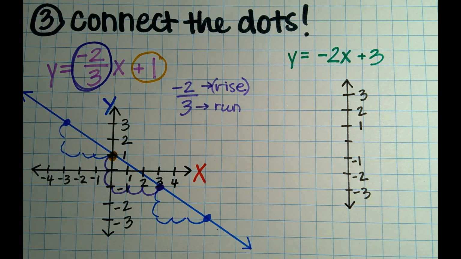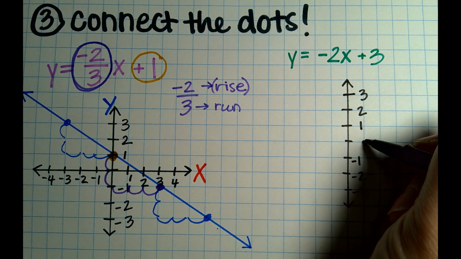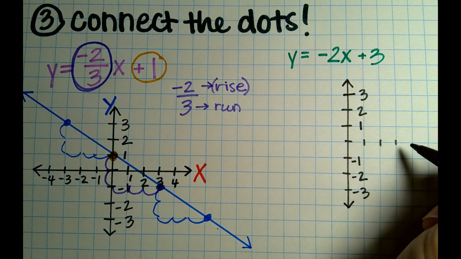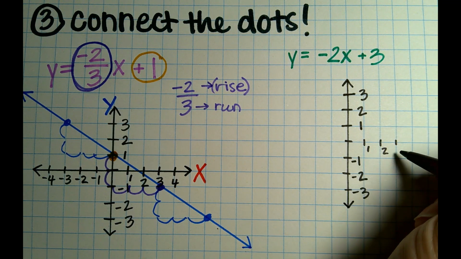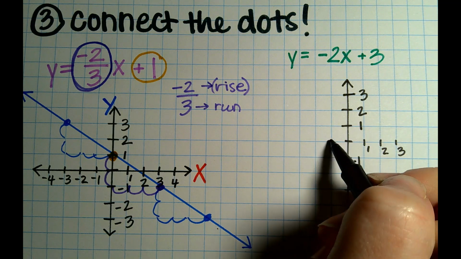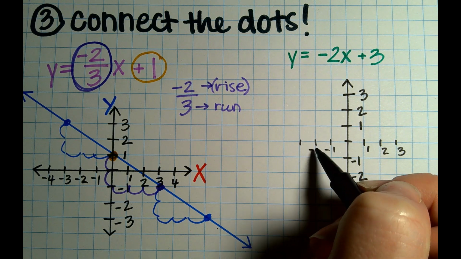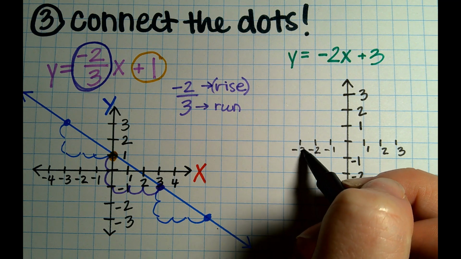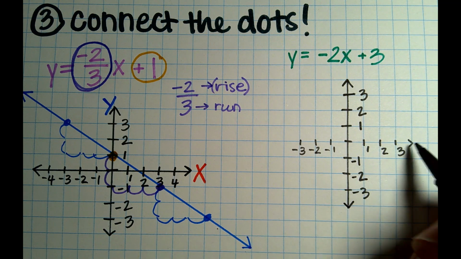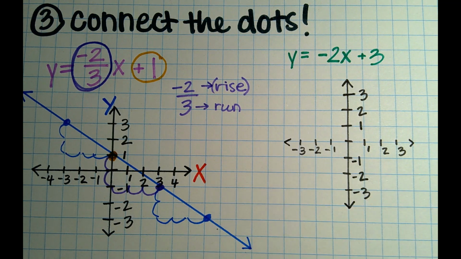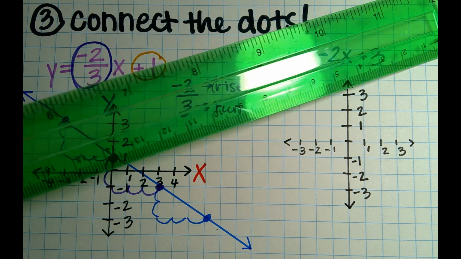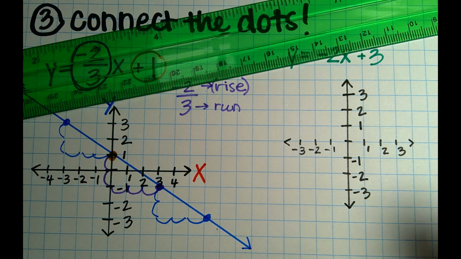Okay. I'll draw my x-axis, 1, 2, 3, negative 1, negative 2, negative 3. You know, I know it takes a little longer to draw the graph yourself, but I kind of find it satisfying. I don't know about you guys.